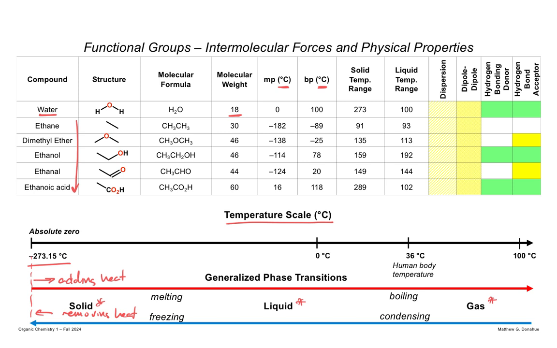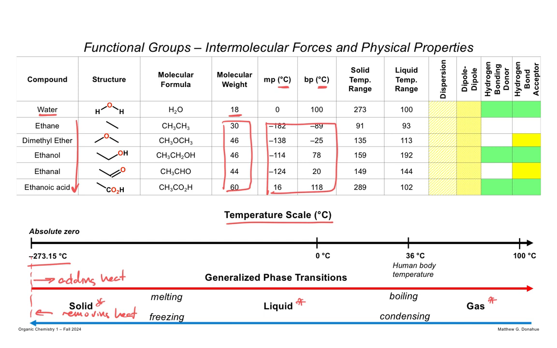So going from ethane to dimethyl ether to ethanol to ethanal, which is an aldehyde, to ethanoic acid, which is a carboxylic acid. There's the molecular weights. You can never really use molecular weight as a reason for why physical properties change. The melting and boiling point data in those columns are directly related to the functional groups present.